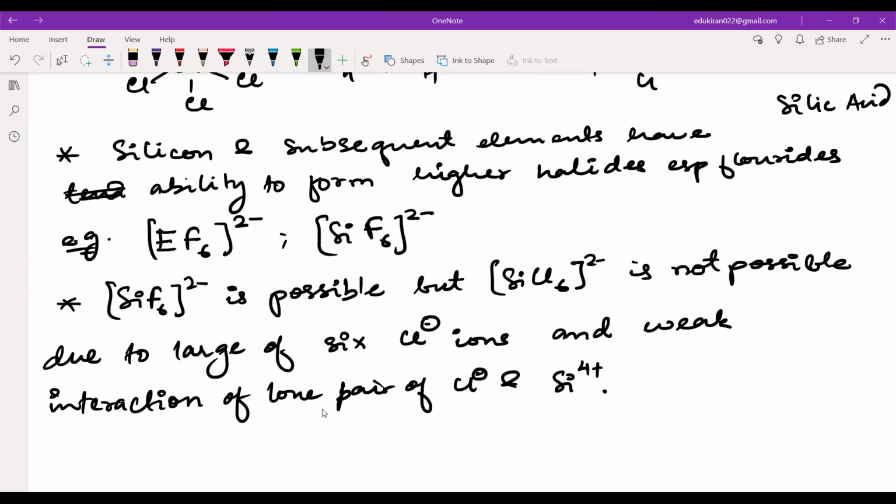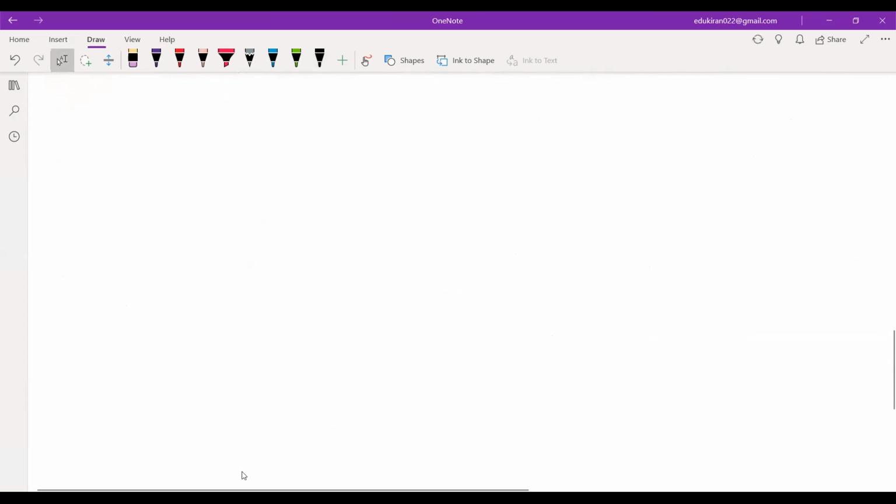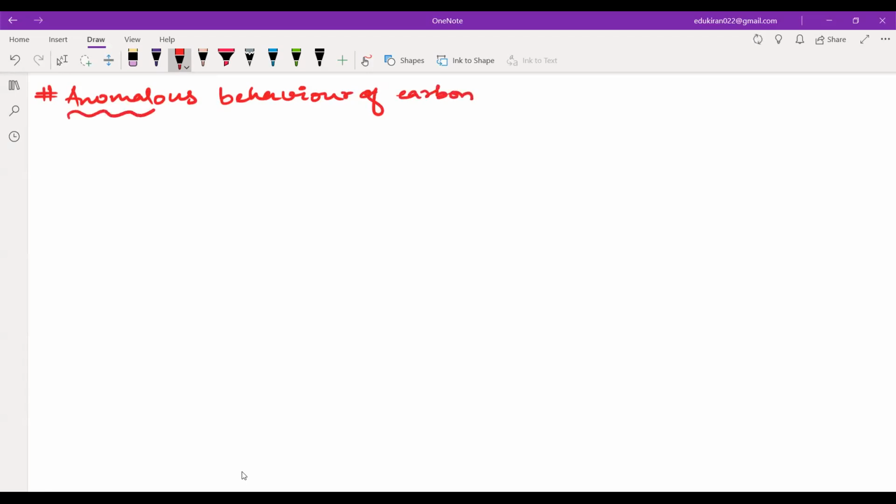So right, next is the anomalous behavior of carbon. Now, the first point is that carbon will be differing from the rest of the elements of group 14.